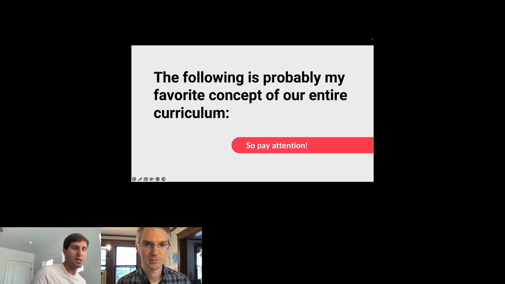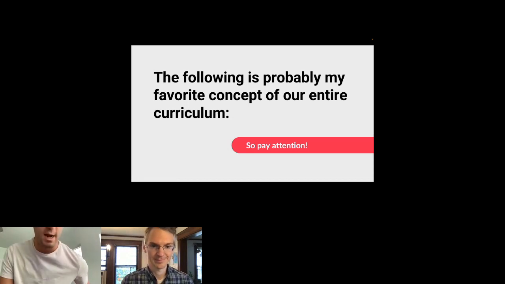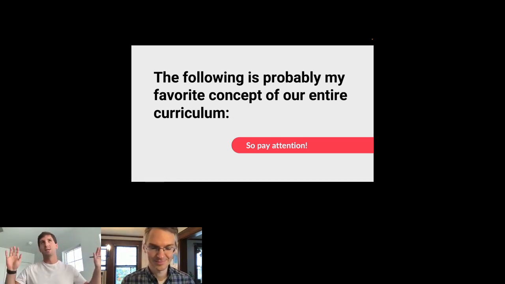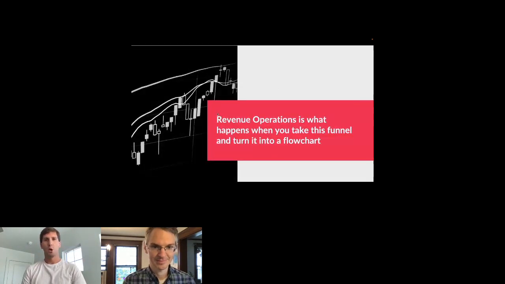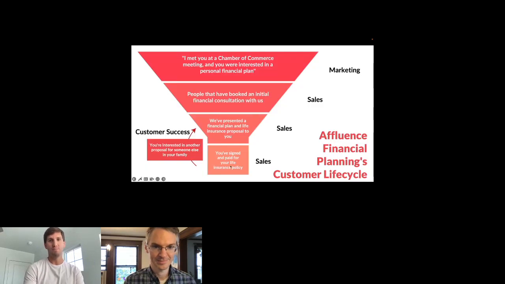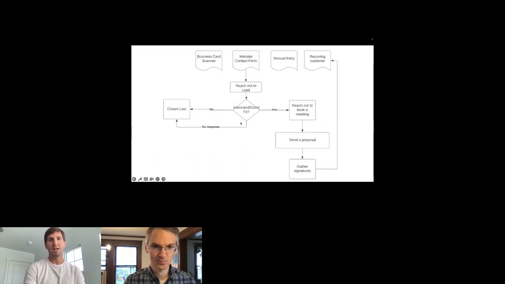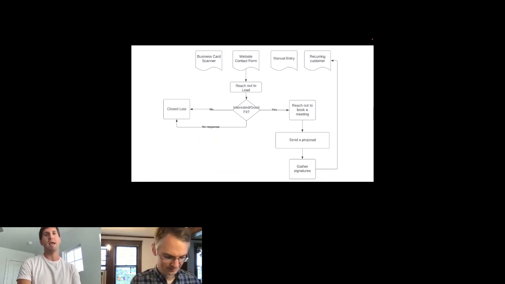And this is another thing I want you to sear into your brain. This is my favorite visual concept. Revenue operations is what happens when you take this funnel right here and you turn it into a flow chart. That is ultimately what you are being paid for.